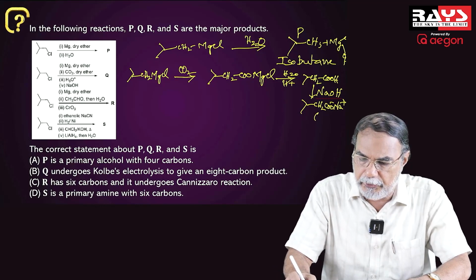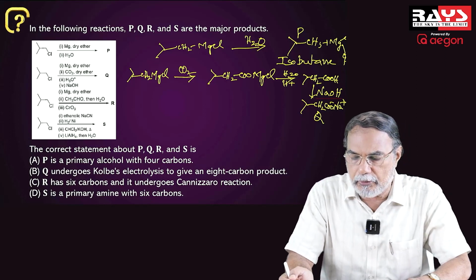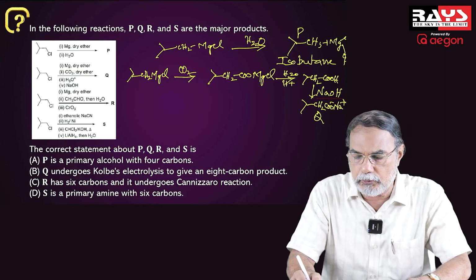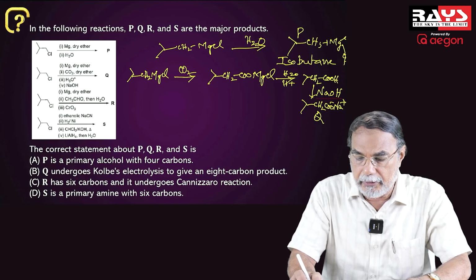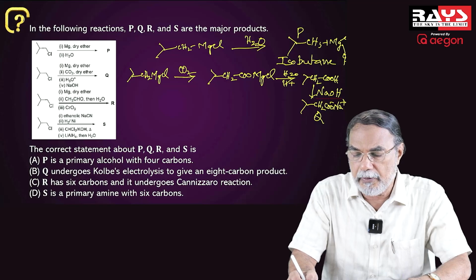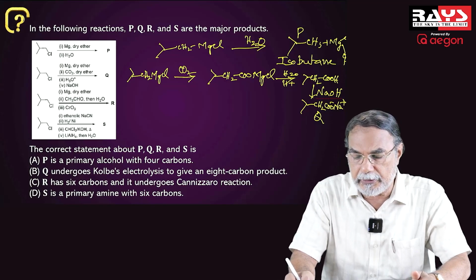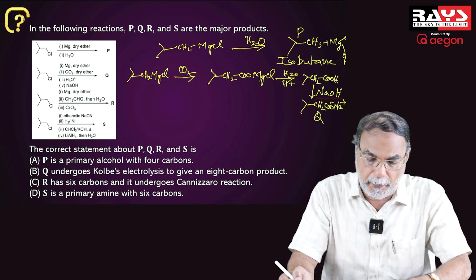So that is the compound Q. The compound Q is the sodium salt of this acid. 1, 2, 3, 4, and the methyl group here. So 1, 2, 3. 3-methyl butanoic acid is a compound, and the product is the sodium salt of 3-methyl butanoic acid. That is sodium 3-methyl butanoate is the product formed in the reaction, that is Q.